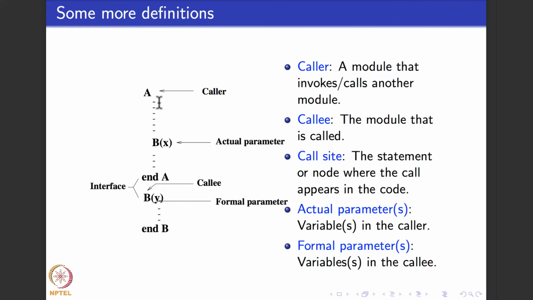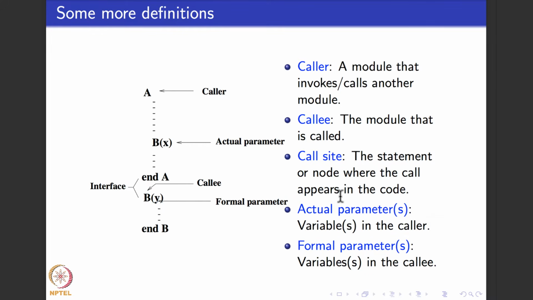So A runs, at some point A calls B with parameter X, then X is passed to B as Y, then B executes; read these dots as some code that corresponds to B. I haven't written the code for A and B because the focus now is to test the interfaces, to test A calling B and B returning something. So B runs, B finishes, and control is passed back to A, and the rest of A executes and finishes.